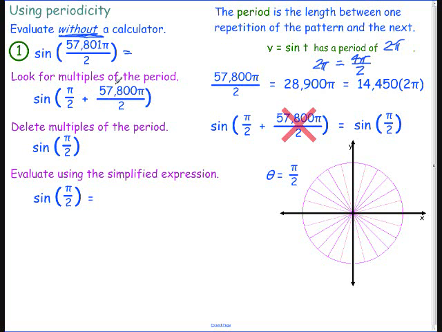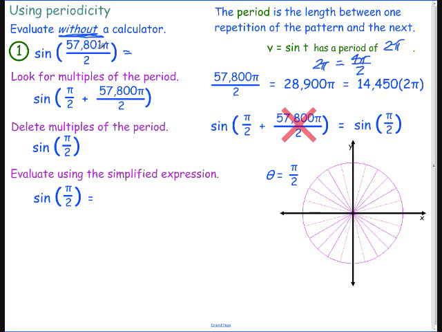So if I make this some multiple of 4 pi over 2, I can actually just get rid of it because it's going to represent a full revolution. And every revolution just takes us back to the coterminal angle.